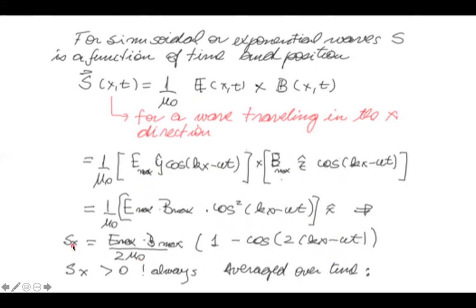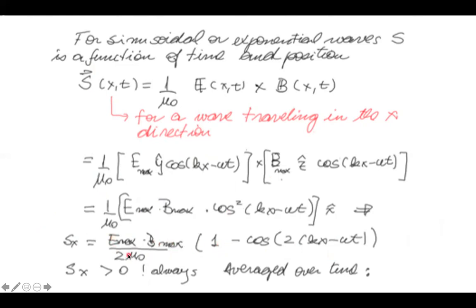And we find that Sx, the component of S in the direction of x, which is the total modulus of the S vector, is equal to the product of these two things divided by 2 mu naught, Emax, the maximum value of the electric field in the wave, and this Bmax over here.